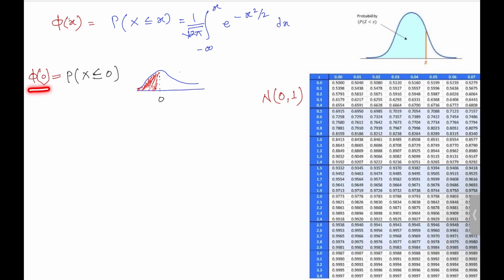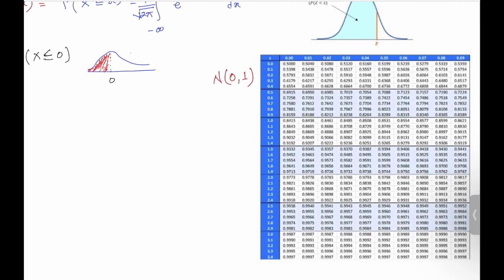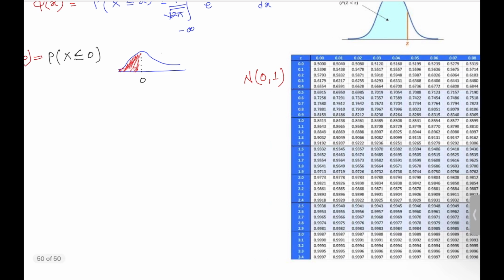If you follow the definition of the cumulative distribution function, it is nothing but the probability that random variable x takes the value less than or equal to 0, right? So the value that you are seeing is the value of the cumulative distribution function. This table is giving you the value of the CDF, right?